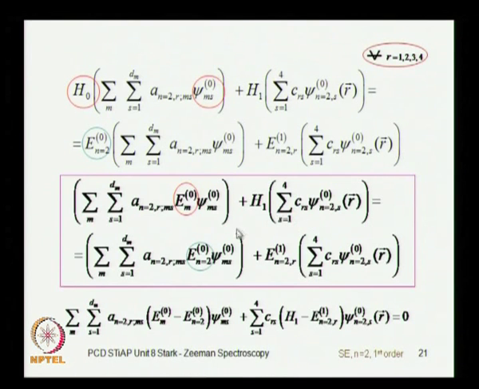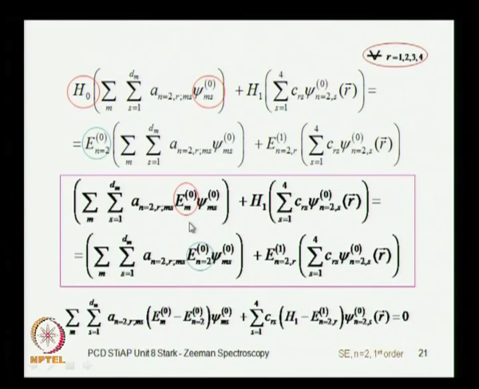So, I take all the terms to the left and set everything equal to 0 instead of having a left hand side and a right hand side. I have taken all the terms on the right hand side to the left, changing the sign. So, on the left hand side I will get this Em0 minus En0 from the combination of these two, and on the right hand side these coefficients are the same.